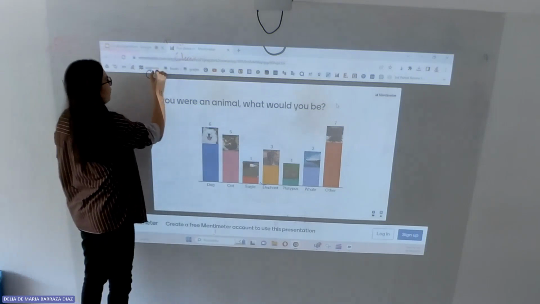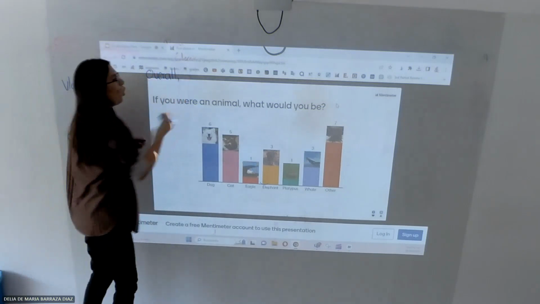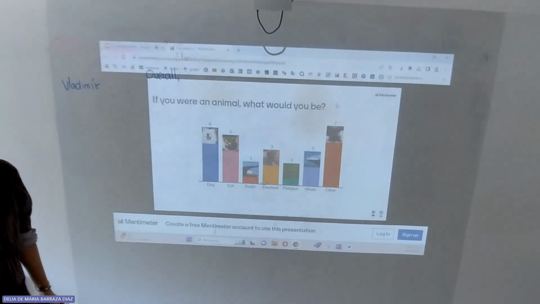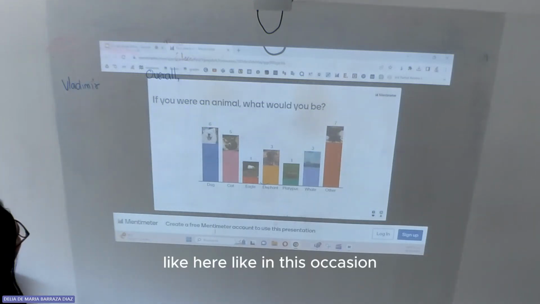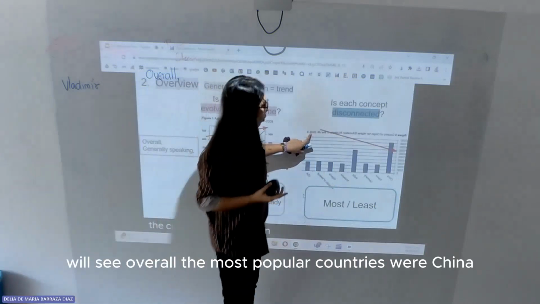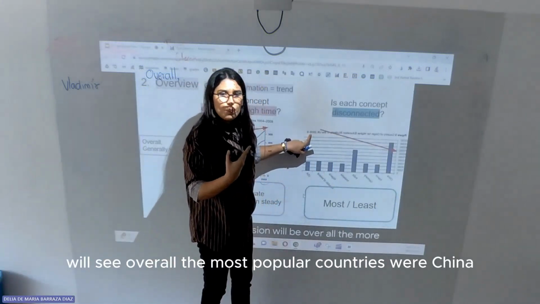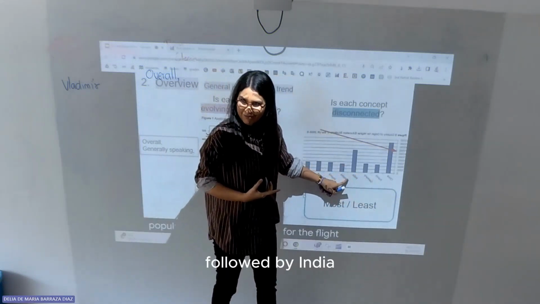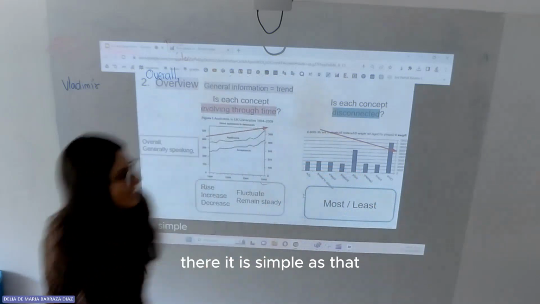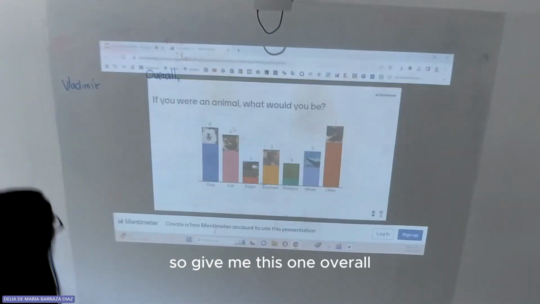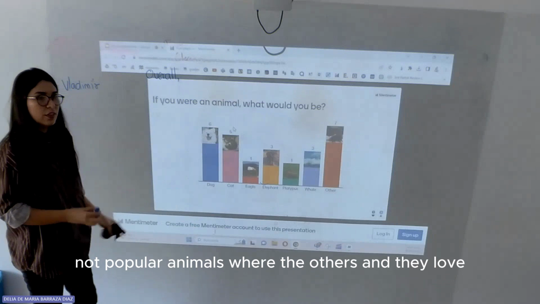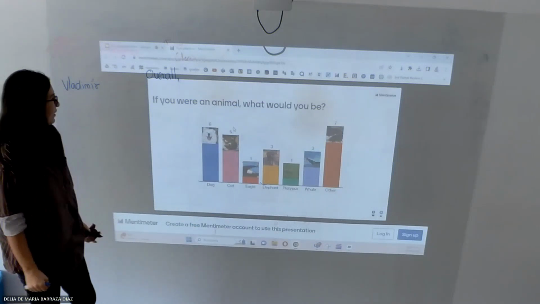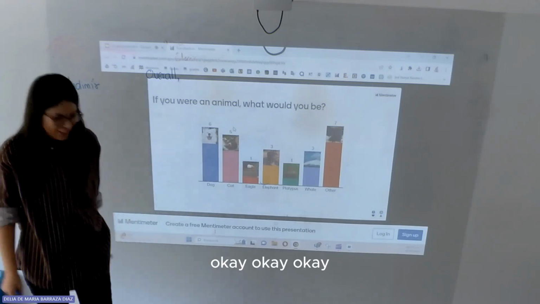Now we start with overall. Like here, on this occasion, it will be overall, the most popular countries were China, followed by India. There it is. Simple as that. So, give me this one. Overall, the most popular animals were the others, the dog, and ducks. And ducks. Okay.